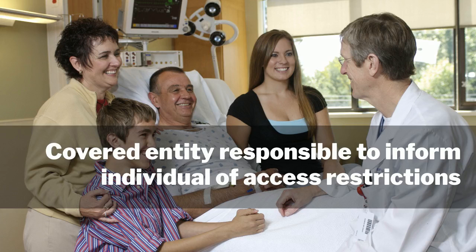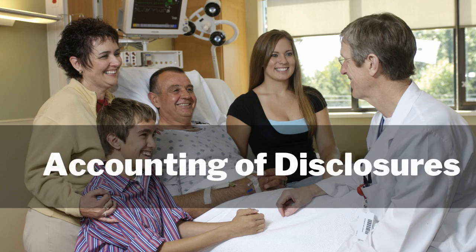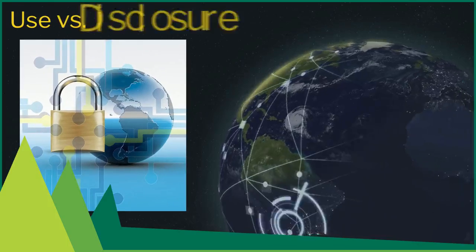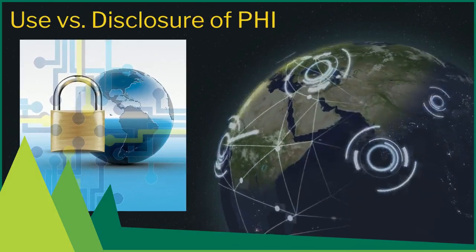Covered entities are also required to provide individuals with a written record of certain disclosures of their PHI by covered entities or their business associates. This includes certain disclosures made by researchers who are covered under the privacy rule. This is referred to as an accounting of disclosures. It is important to understand the difference between a use and a disclosure of PHI.